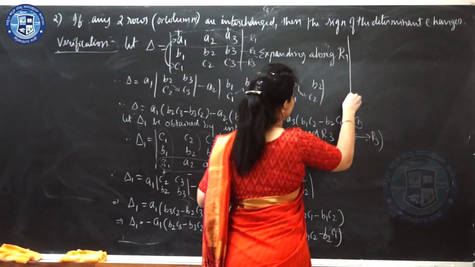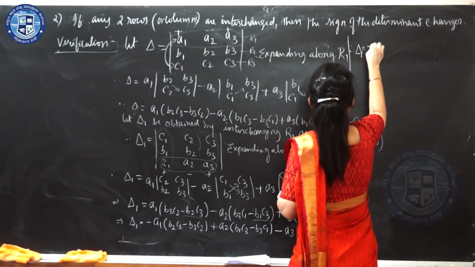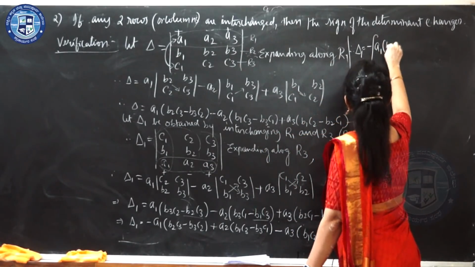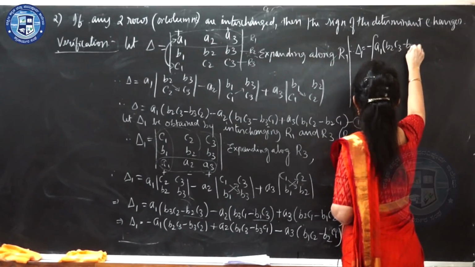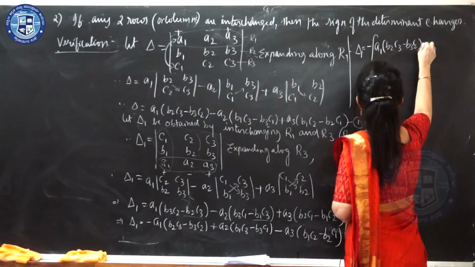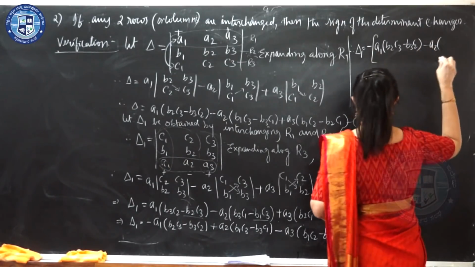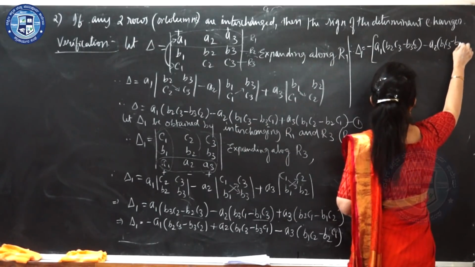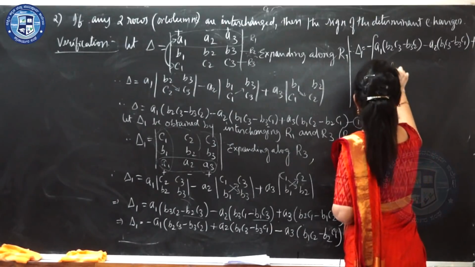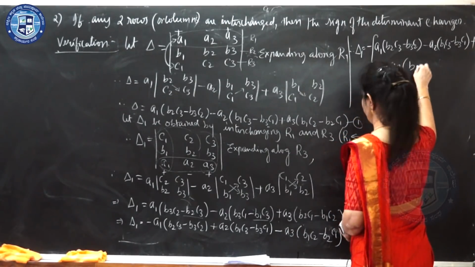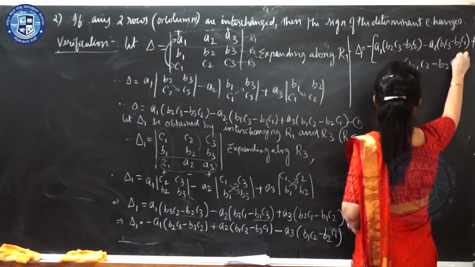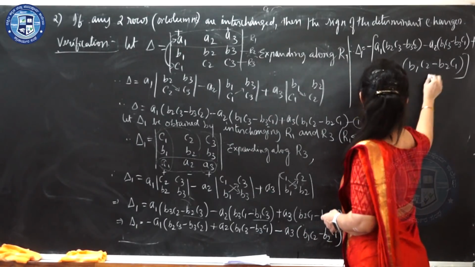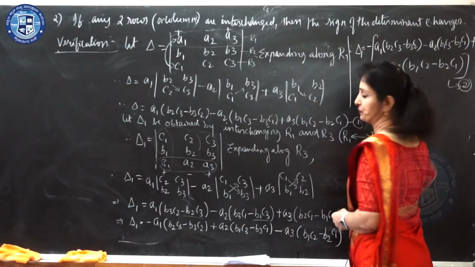Therefore, delta 1 equals minus of A1 into B2 C3 minus B3 C2, plus, minus A2 into B1 C3 minus B3 C1, plus A3 into B1 C2 minus B2 C1. Since the minus sign is taken out, all the signs are changed. Now equate equation 1 and this, take it as equation 2.